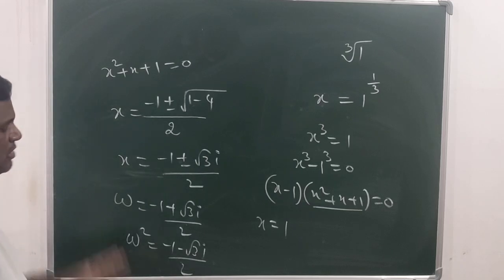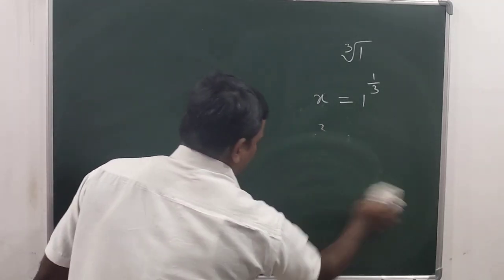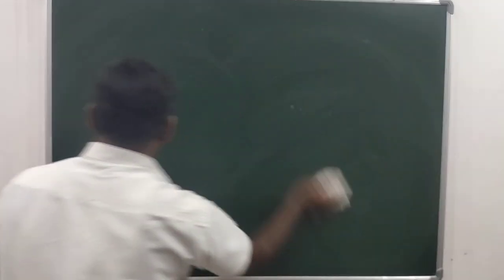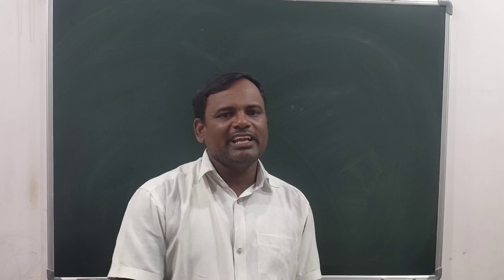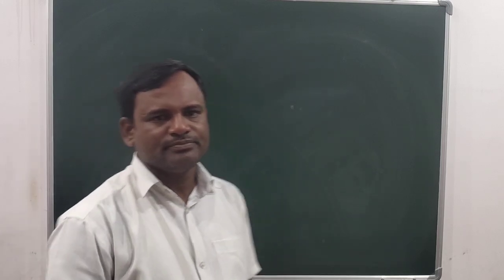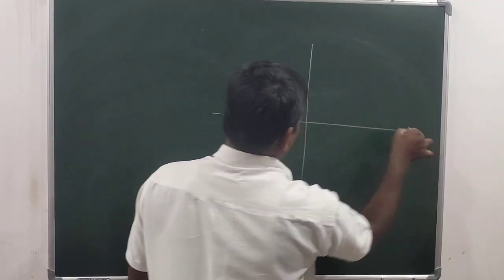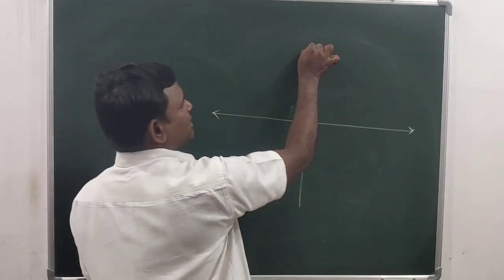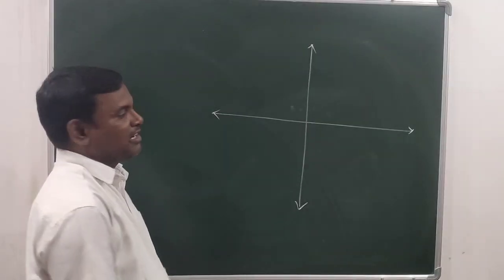Okay students? Right. I am asking you to plot these three roots on a unit circle. If you plot the cube roots of unity on the unit circle, you get an equilateral triangle.